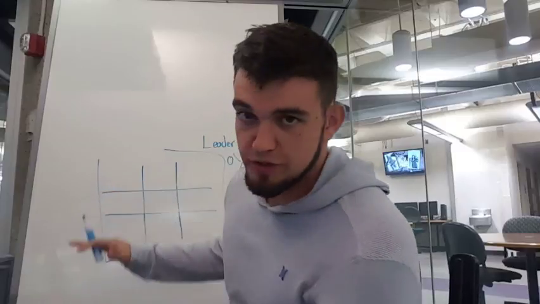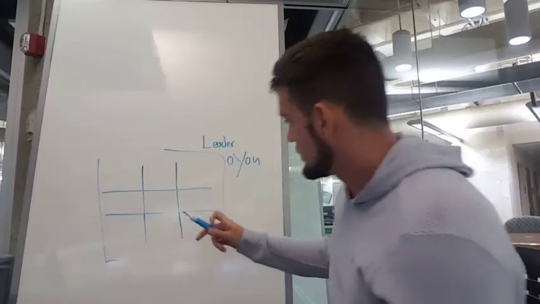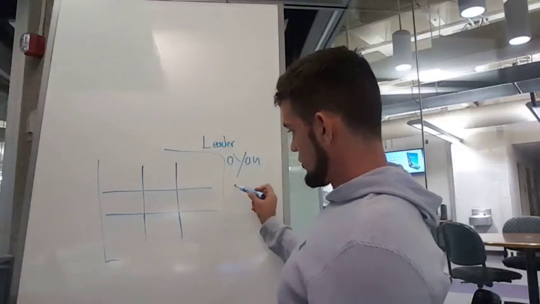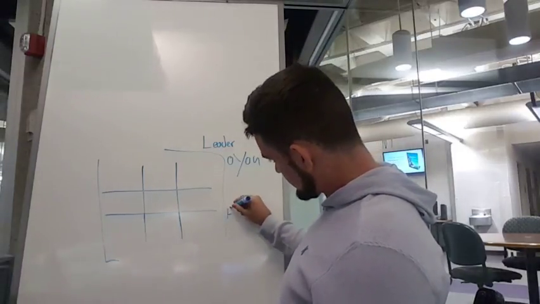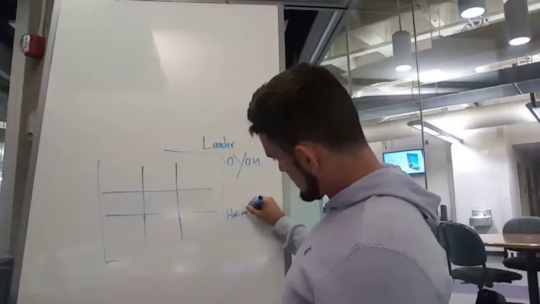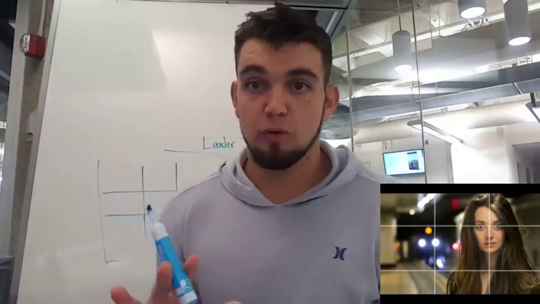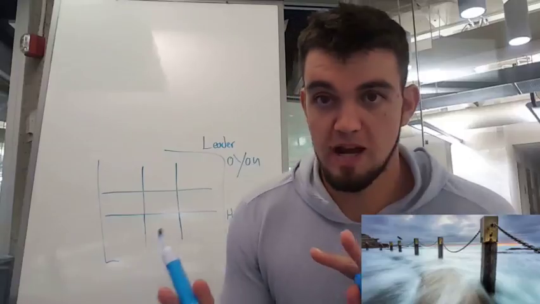The rule of thirds can be applied like this. You want to line up this row with the horizon. I'm going to insert some examples of what the rule of thirds looks like when it's lined up with the horizon.